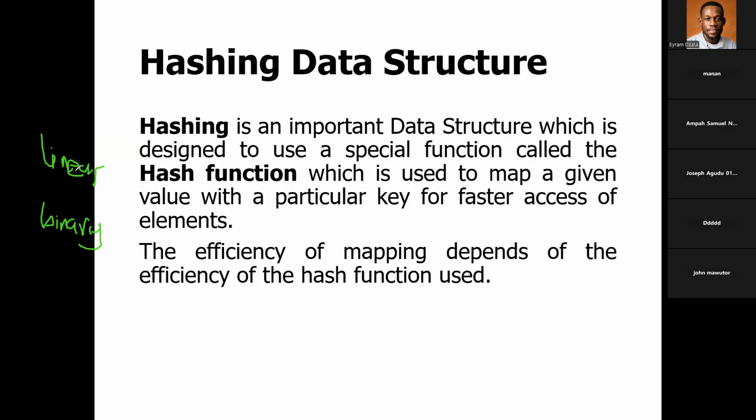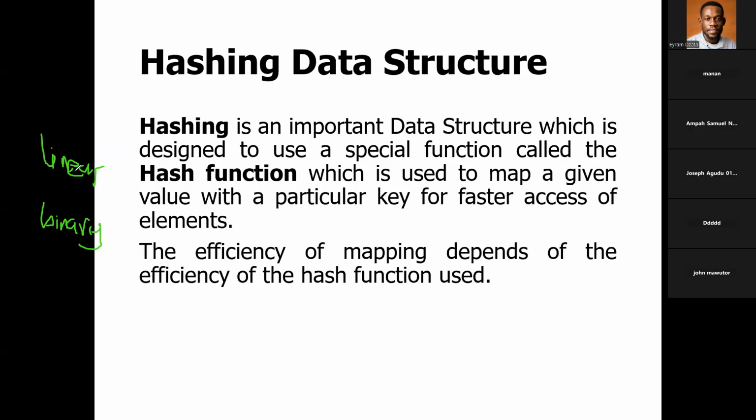Now, hashing makes use of what we call a hash function. This hash function is what helps you to map the value to a key element. The efficiency of mapping depends on the efficiency of the hash function that is used.